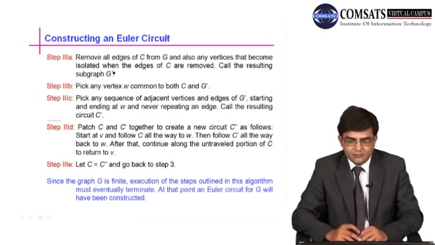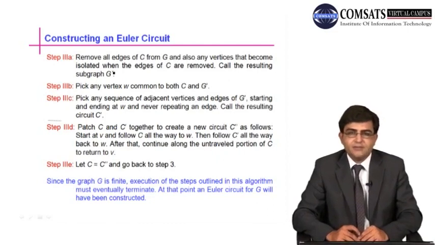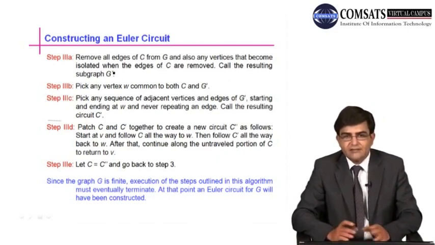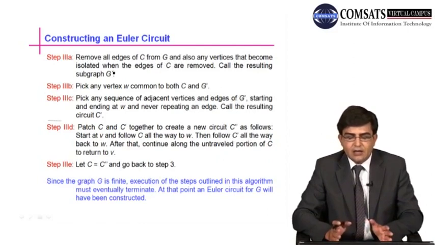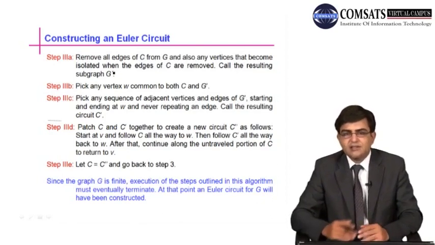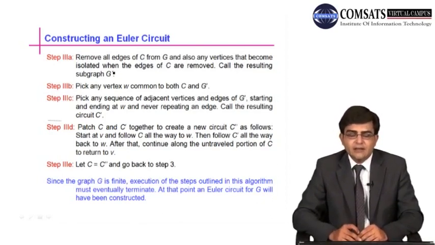If not all the vertices and edges are used, we go back to step 3. This process continues until you get a circuit in which all vertices come at least once and all edges exactly once.